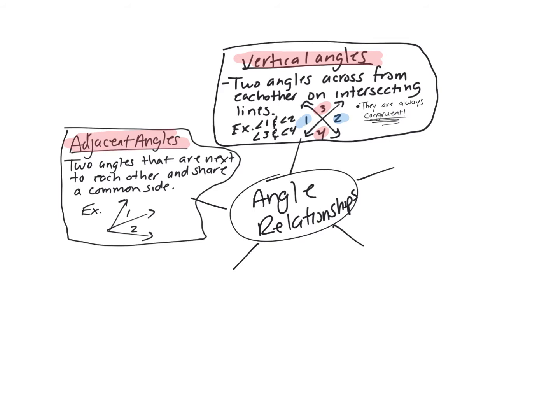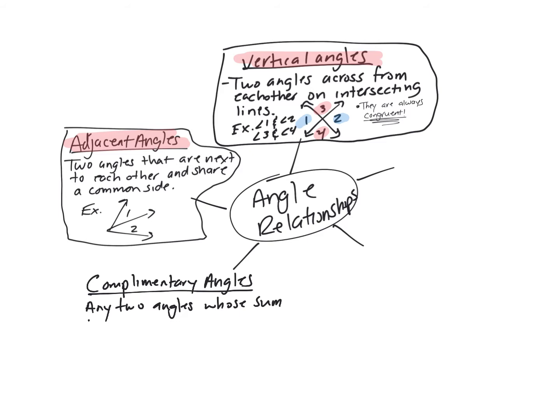Next angle relationship is complementary angles. Complementary angles are any 2 angles whose sum equals 90 degrees.